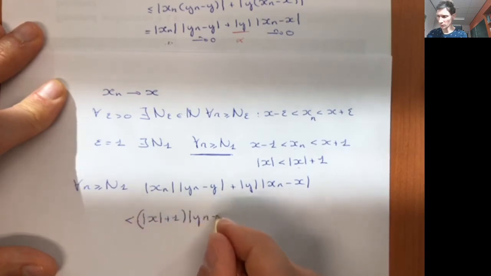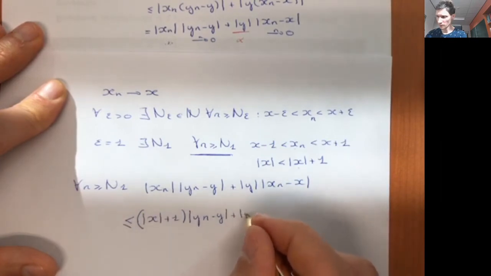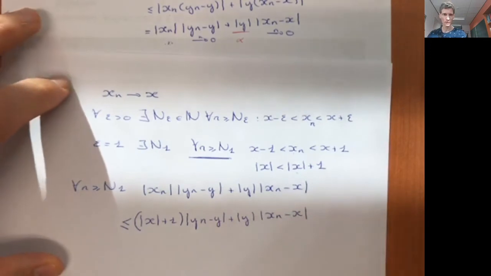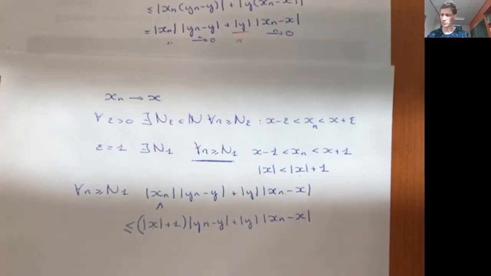times yn minus y plus y xn minus x. What we did here is we used the fact that xn is smaller than x plus 1 if we restrict ourselves to these numbers, and then we have a less or equal sign. This is non-negative, but it can be 0.